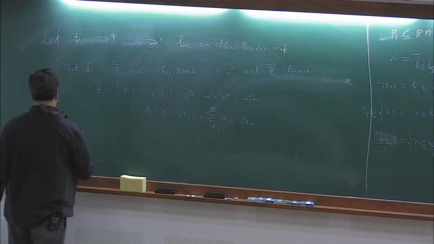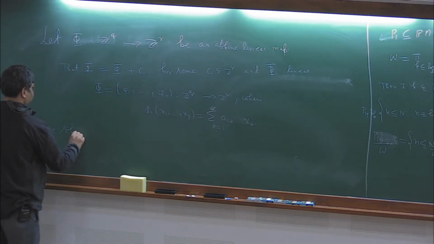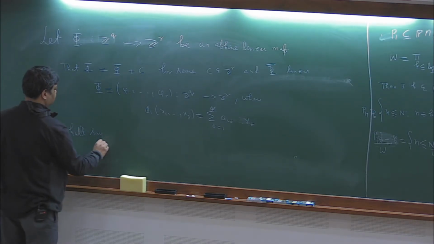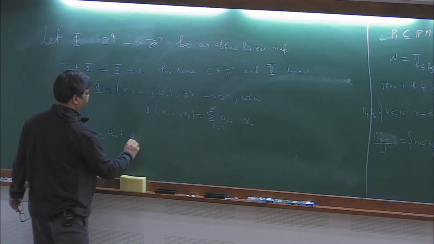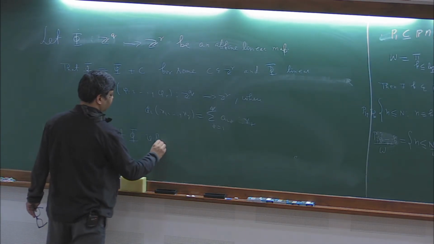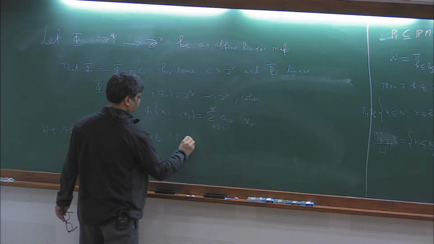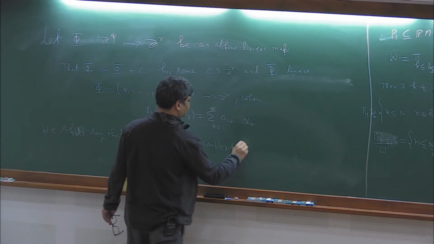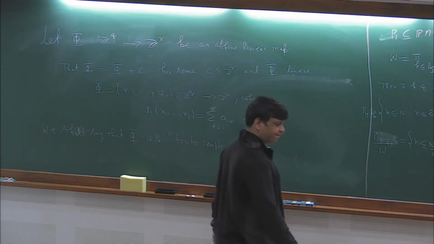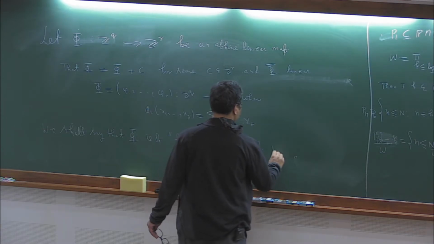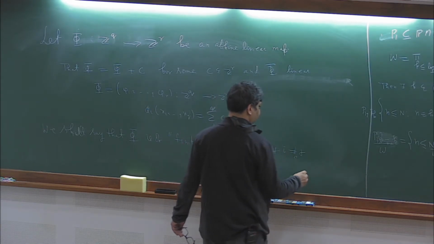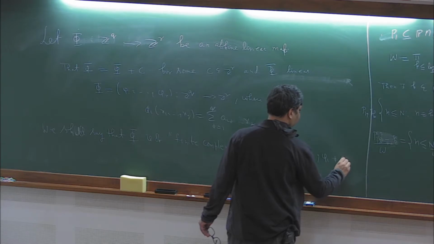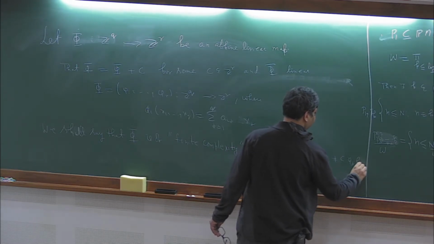So we will say that phi bar is of finite complexity if for all i not equal to j, phi i is not equal to c phi j for some c belonging to Q.